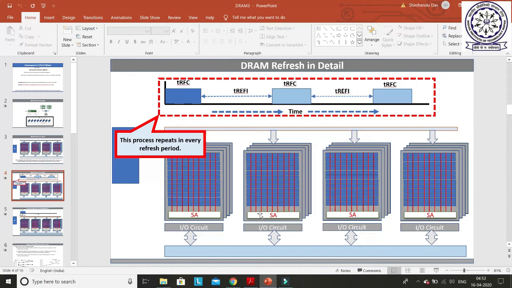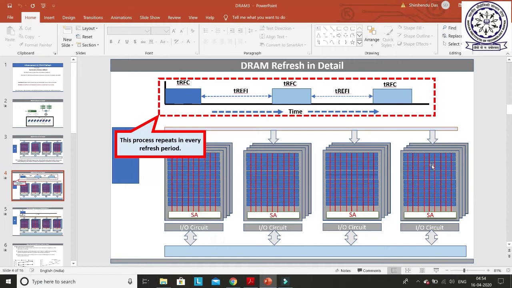So when they say temperature, what is the temperature? These chips are independent units, so it may be possible that the temperature of this chip and the temperature of that chip are not the same. They may be different. For example, it may happen that the temperature of this chip is 85 degrees, this is 70, this is 60 degrees, but this is 95 degrees.